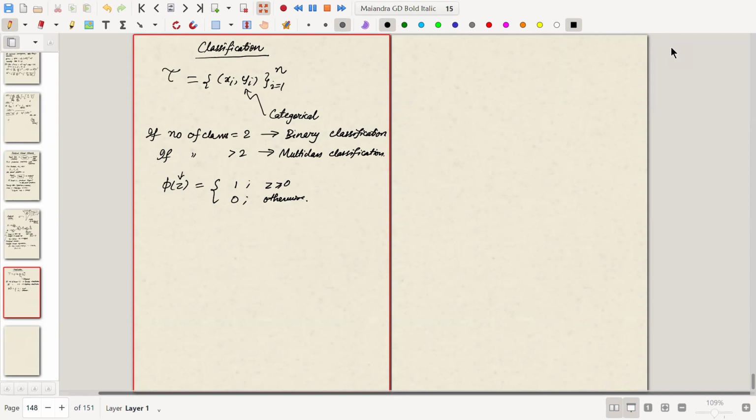Therefore, this activation function we were not using in regression. This is used in binary classification, whereas in regression we were using phi z equals z, the identity relation. So this is the only difference: depending on the task you want to perform, the activation function changes.